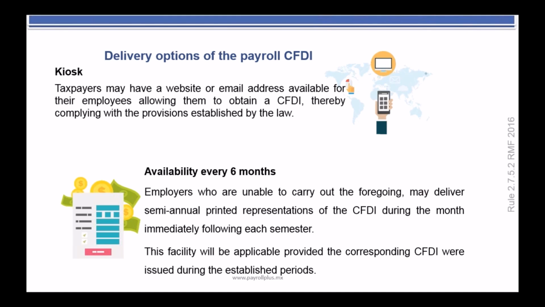For some reason, you cannot deliver the XML, you cannot have a website, you cannot send it to their email address. Okay, you have the option of every 6 months delivering all the copies of the printed forms of the CFDI to each one of your employees.